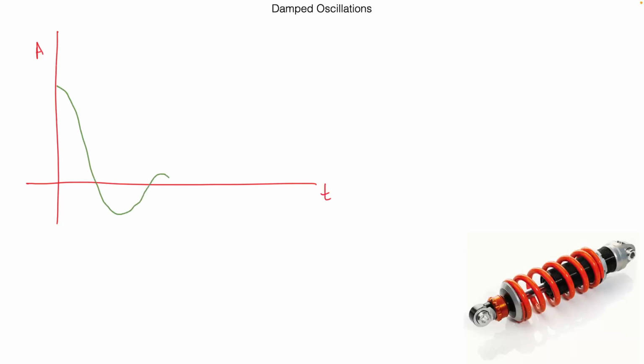So the underdamped case has wiggles in it. It is doing the oscillation; it's just that as time goes on, the amplitude of that oscillation is falling off. Then there's a case where you get so much dampening that it takes a really long time for the oscillator to do anything.